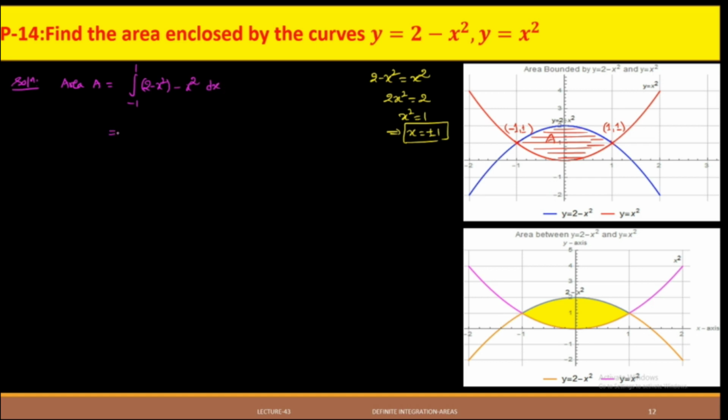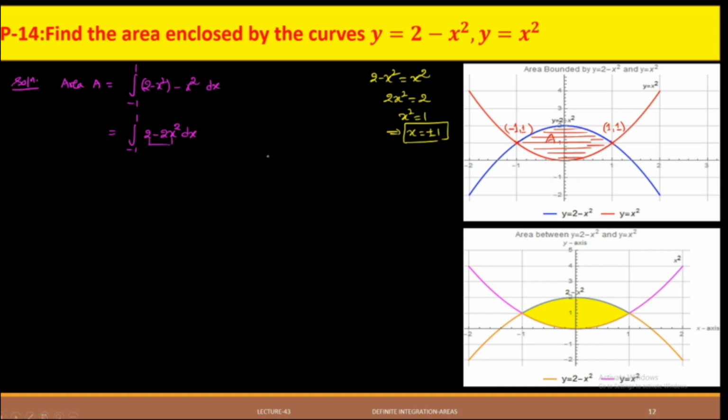That is equal to integral from minus 1 to 1, 2 minus 2x square dx. Now if you observe this integrand, 2 minus 2x square is an even function. It is symmetric about the y-axis.